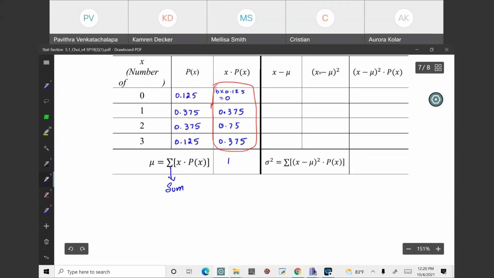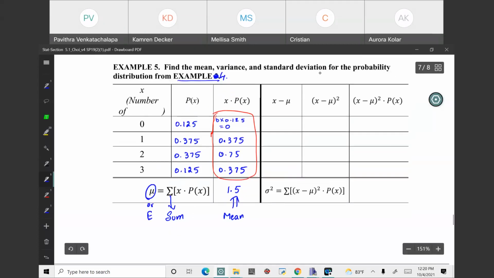So if you add all these values, you must be getting 1.5. Did you get 1.5? Okay. So this is called the mean of the probability distribution, denoted by mu, or we can also denote it by E. So this is how you calculate the mean of the probability distribution.